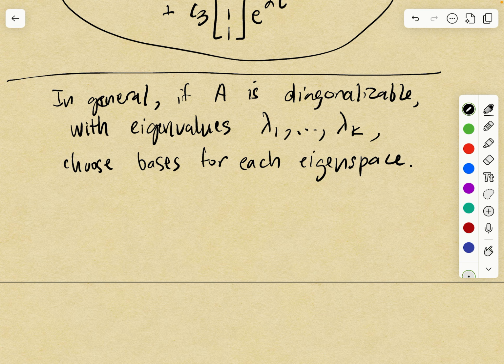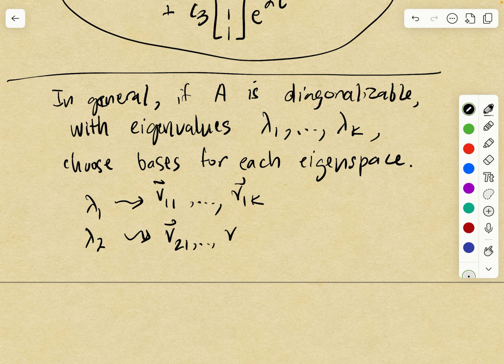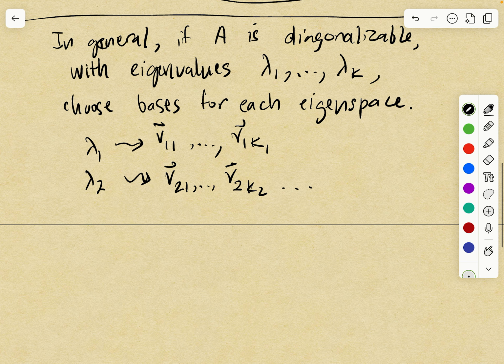So choose bases for each eigenspace, and let's say λ1 gives you a basis v11 to v1n1, and then λ2 gives you a basis v21 to v2n2, etc., all the way to λk gives you vk1 up to vknk.